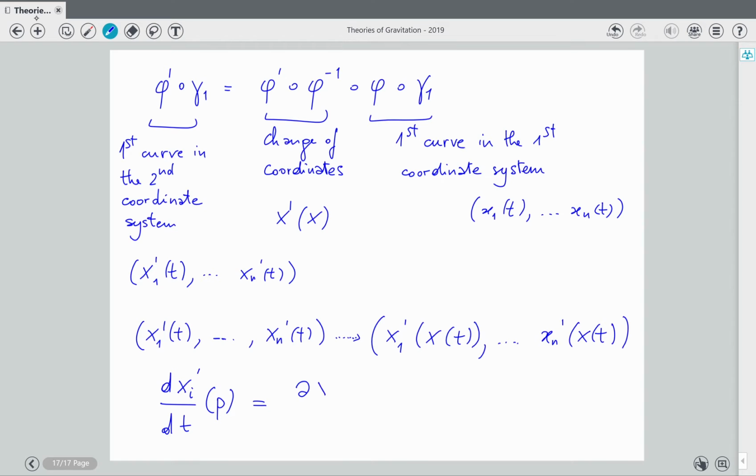So you have dxi prime over dxj times dxj over dt, calculated in P. So we want to show that two curves which have the same tangent in one coordinate system have the same tangent in the other coordinate system.